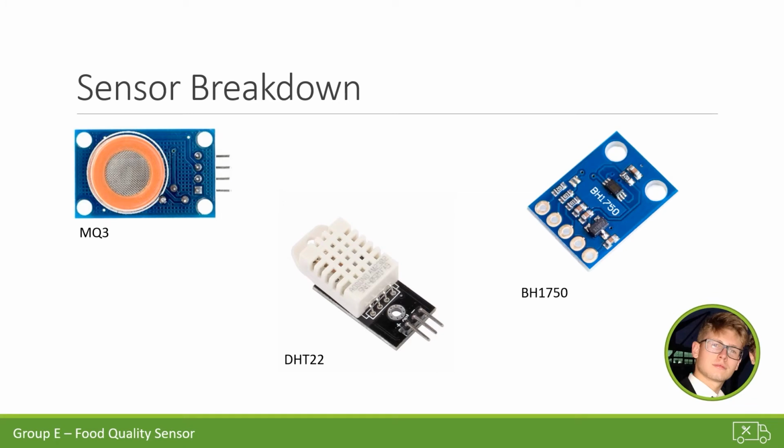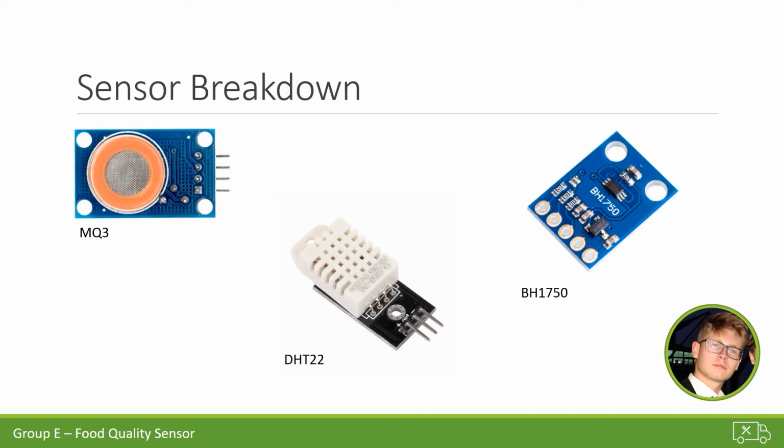Thank you, Sarajan. So as mentioned on the slide before, we use 3 sensors in our product: the DHT22, the BH1750, and the MQ3. These are used to monitor 4 variables on the transport of our produce, these being temperature, humidity, light, and alcohol emission.